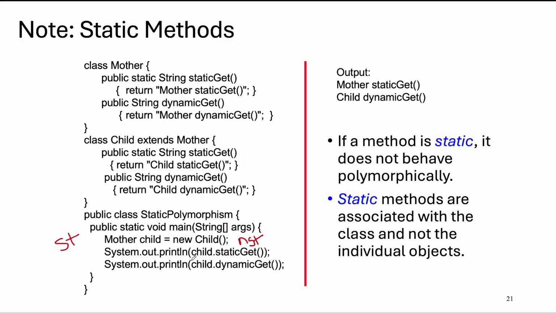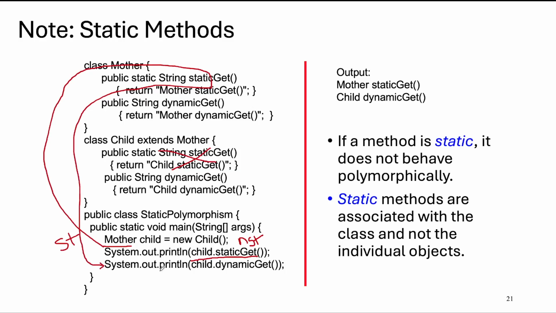Now here we are saying child.staticGet. If you look at the static get function, this is a static function. So we will not enter into this function. Instead, since it is static, we choose the Mother, that is the left hand side, enter in, print the value, and come out.